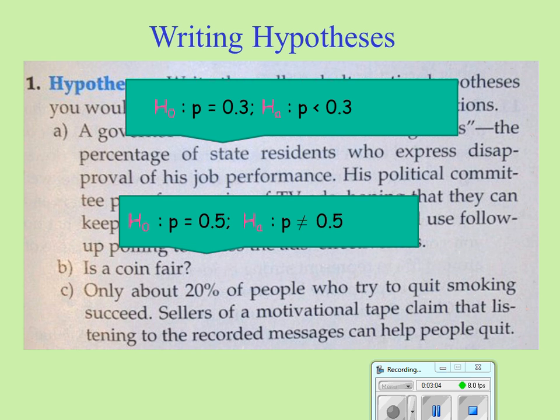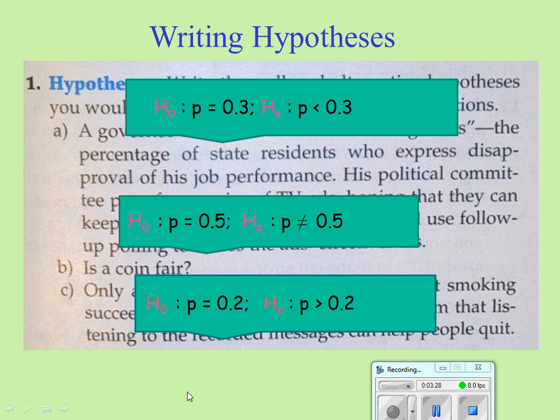So your null hypothesis is P is equal to 20%. Given the context clues here, if you were the seller of motivational tapes, you want more people to quit. So the H sub A is P is greater than that 20%. So again, that looks like this.